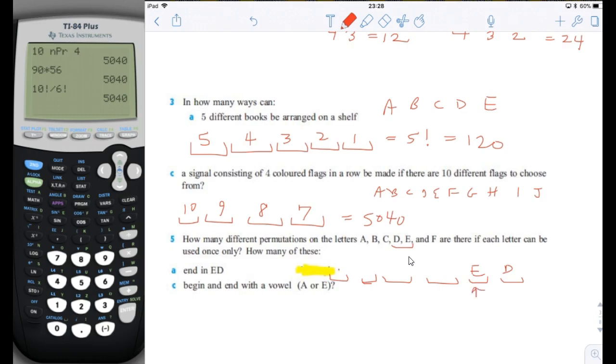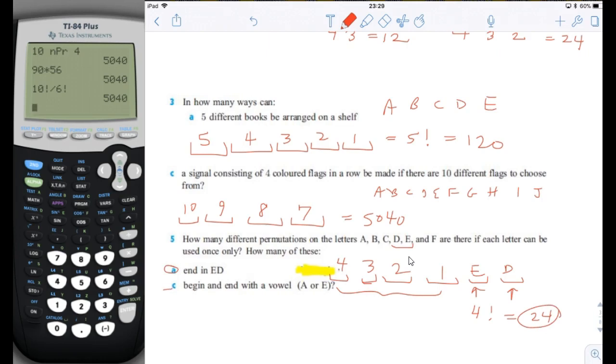So you know that E and D are here, and then the remaining letters, which are A, B, C, and F, are being put in the first 4 positions. So you have 4 symbols, A, B, C, and F, being put in here, this position, this position, this position, and this position. So basically you have 4 factorial permutations, okay? 4 times 3 is 12, times 2 is 24. So basically you have 24 possibilities for A.